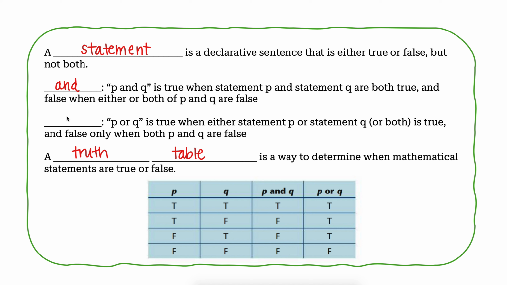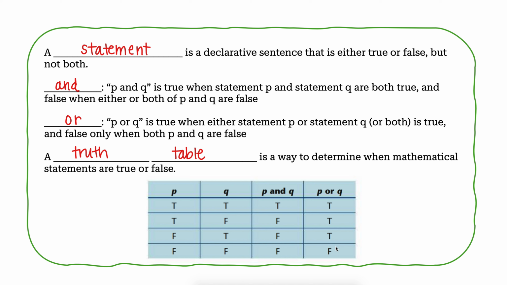The "or" statement is more forgiving. With the "or" statement, only one of P or Q has to be true. So as long as at least one of them is true, the "or" statement is true. So the "or" statement is true in 3 of the 4 scenarios.